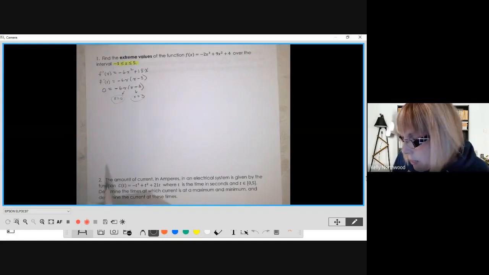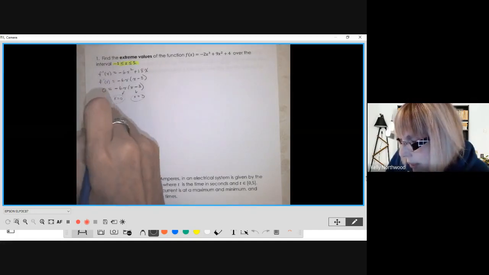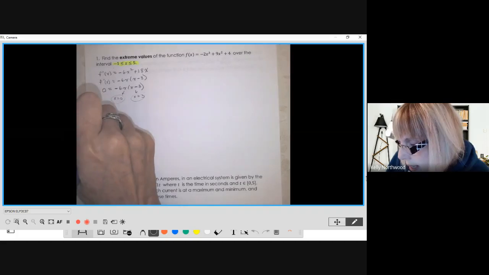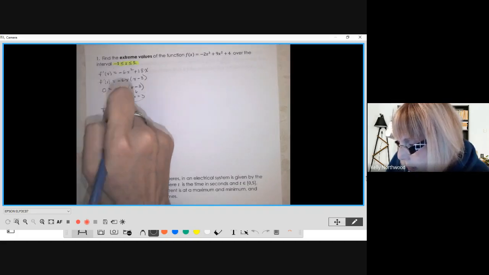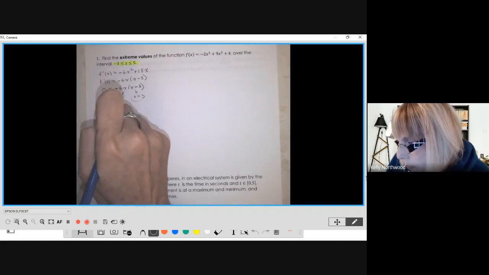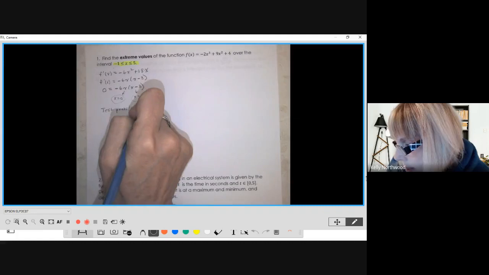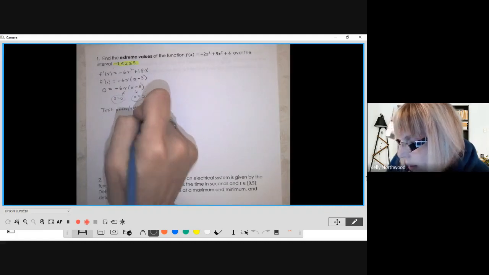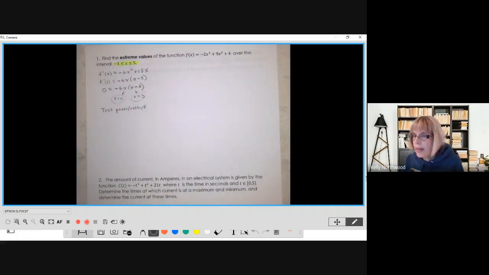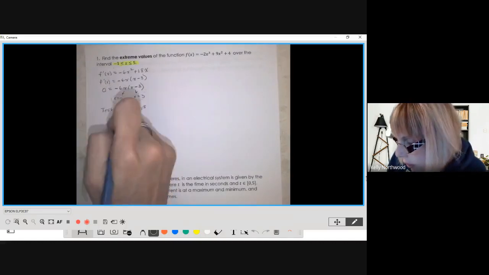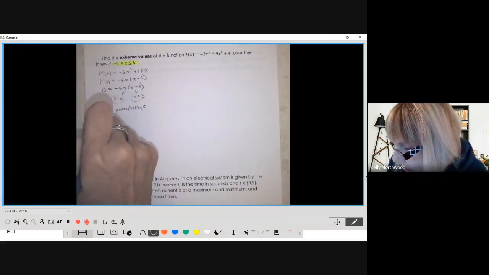Usually when I'm organizing my question, I say test. I call them peaks and valleys or hills and valleys. Max and min is fine as well, max, mins, or local extrema. However you want to describe that you're testing those values, and then you're going to find them. So f at 0.